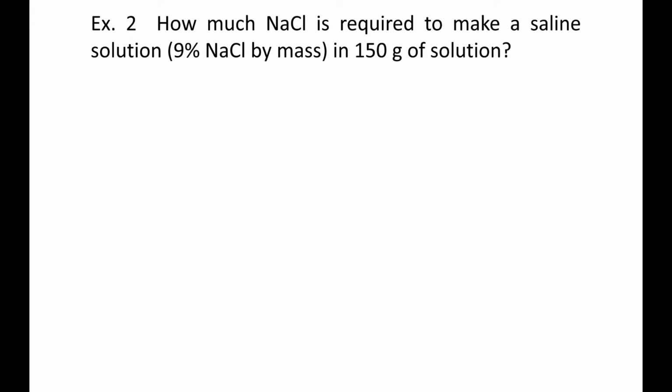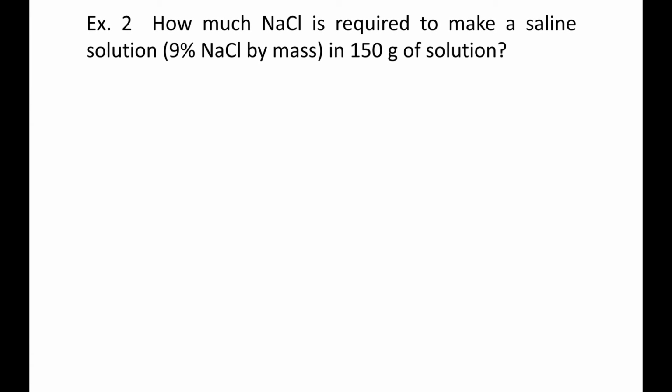Okay, example 2. How much NaCl, which means we're looking at grams, is required to make a saline solution which is 9% NaCl by mass in 150 grams of solution?